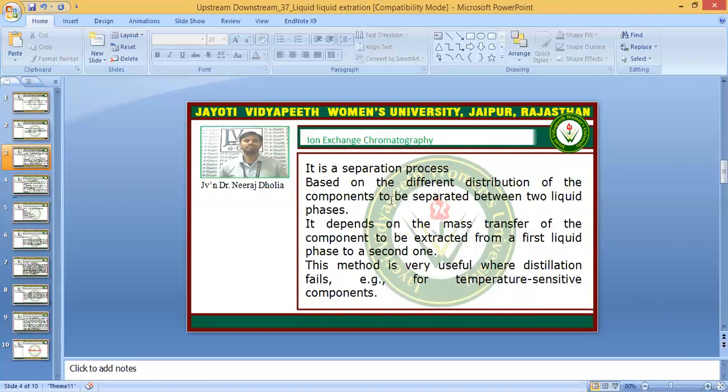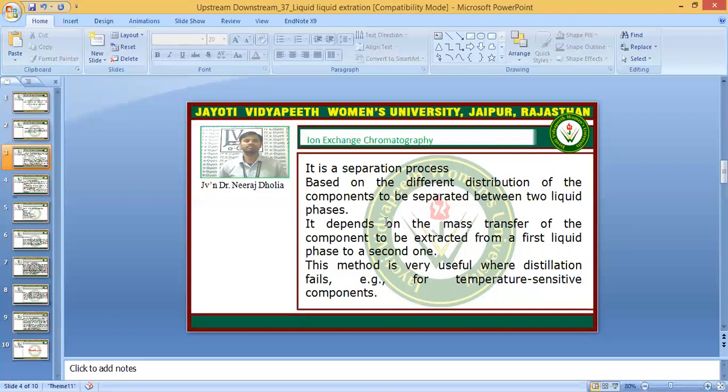So it is a separation process. It is based on the different distribution of the compounds to be separated between two liquid phases. So it depends on the mass transfer of the component to be extracted from the first liquid phase to the second one. Okay, is it understood? This method is very useful where distillation fails.